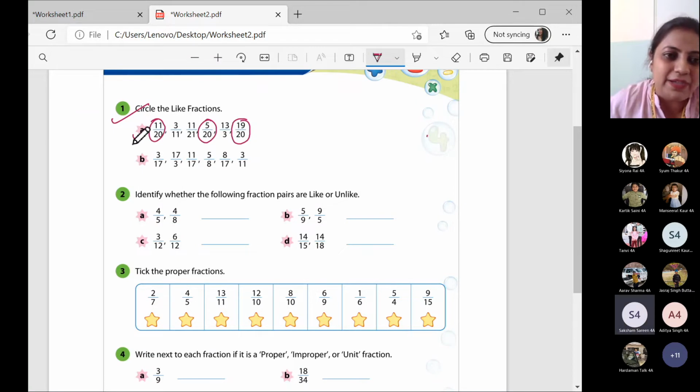Okay, so in A part, like fractions are 11 by 20, 5 by 20, 19 by 20.